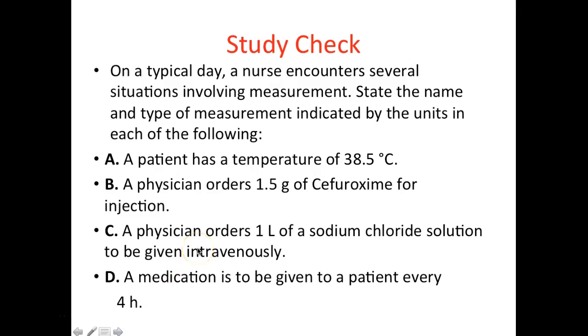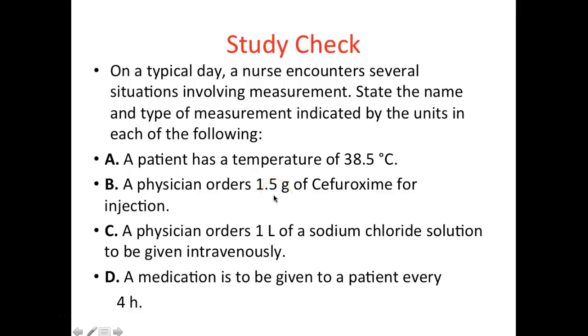So this is a study check problem. In a typical day, a nurse encounters several situations. State the name, type of measurement, and the units of each of the following. A patient's temperature is 38.5 degrees centigrade. So this is a temperature measurement in degrees Celsius.